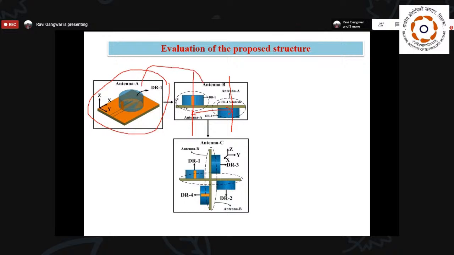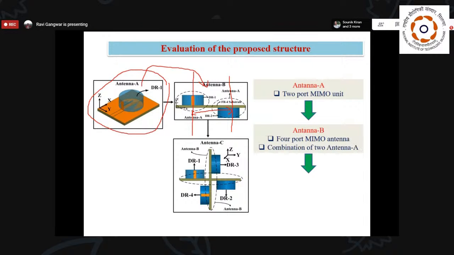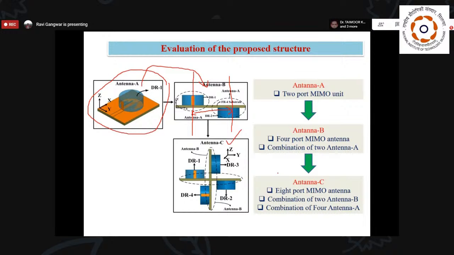So from antenna 1, I have designed antenna 2 here, or I can say that I am using antenna A and placing it in 2 different directions, placed at 180°, so that we are able to achieve antenna 2 or antenna B. From antenna B, I am going to use 2 sets of antenna B, and one antenna B is placed orthogonally with respect to the second antenna B. In that condition, we are able to achieve antenna C.